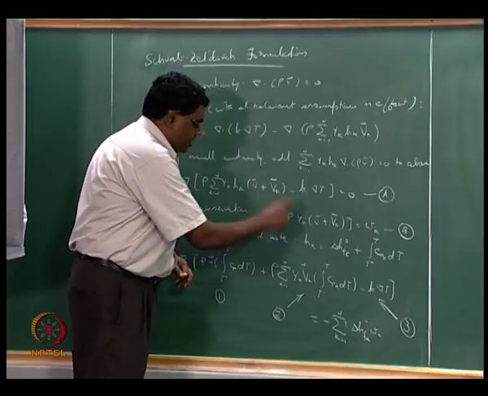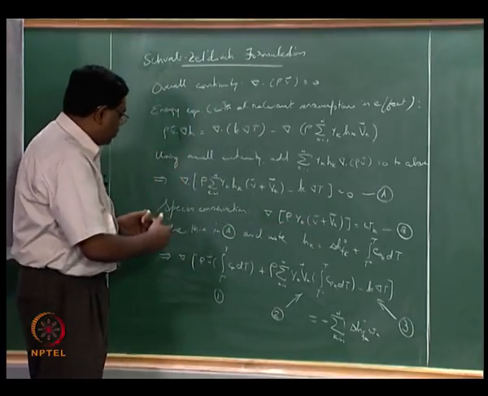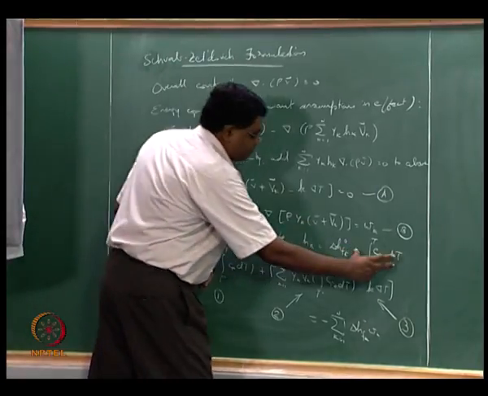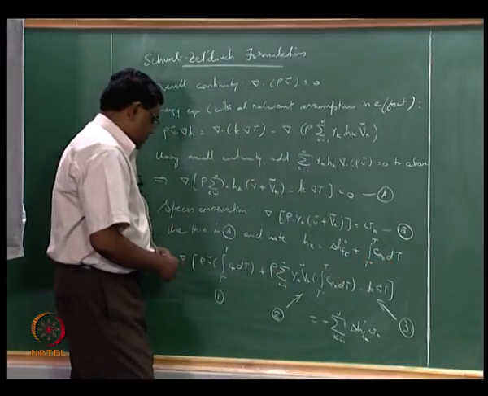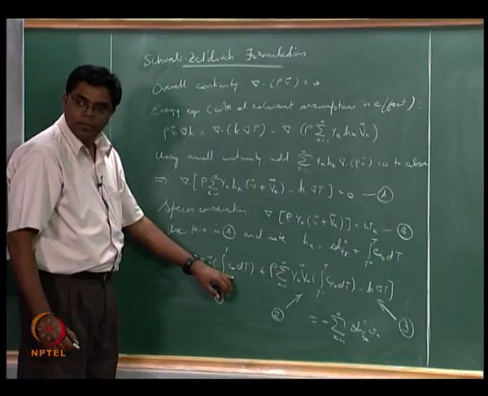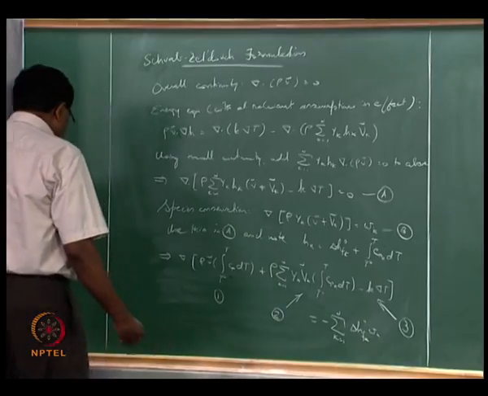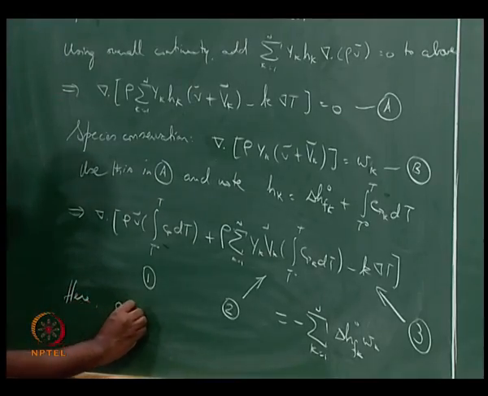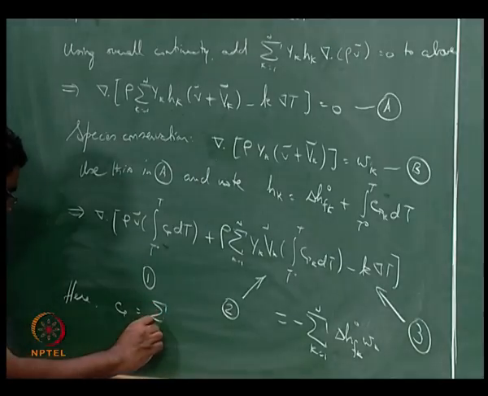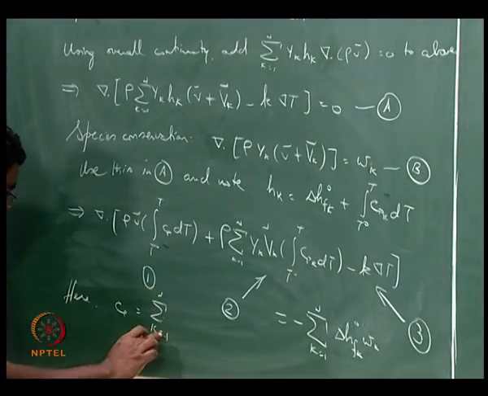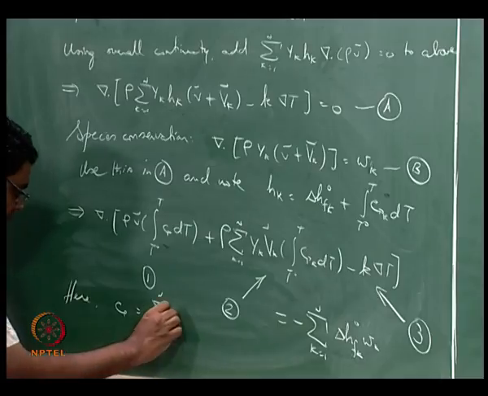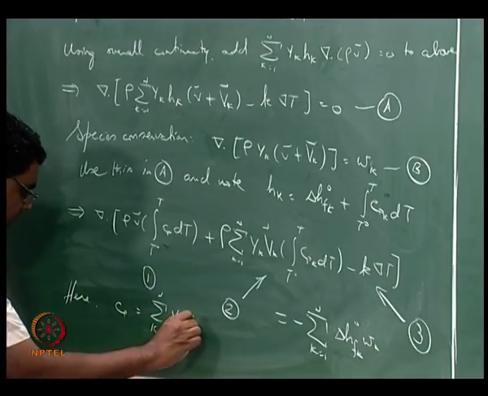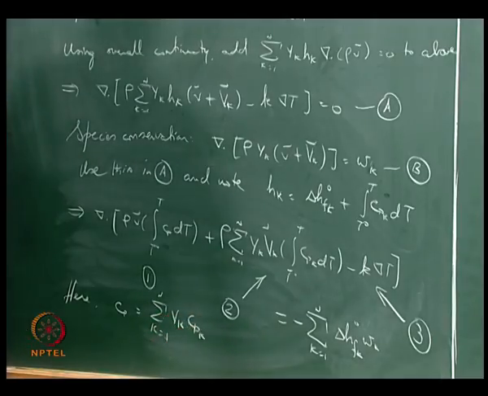But notice that this is going to be mixture averaged anyway, therefore you could sum over all CPk, and then you get a CP, where CP is equal to the sum from k equals 1 to n of Yk CPk.